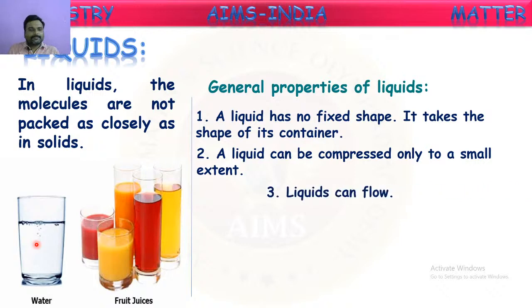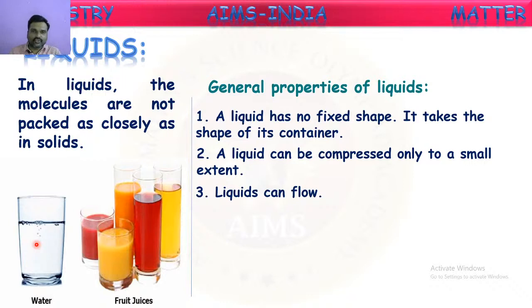So next property, liquids can flow. It is one of the interesting points for liquids, which is different from solids, and is not there for solids. Liquids can flow. Why? Because, as we said, not only liquids, all matter is made up of molecules. In case of liquids, molecules are a little loosely packed. Because of this loose packing, molecules in liquids can slide over one another.